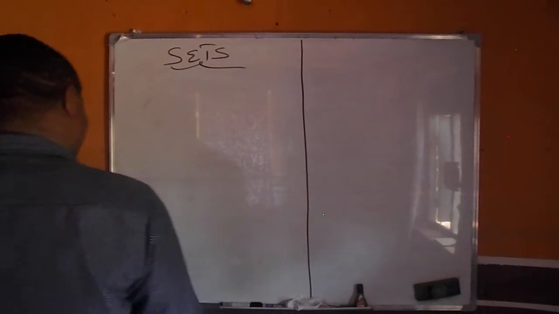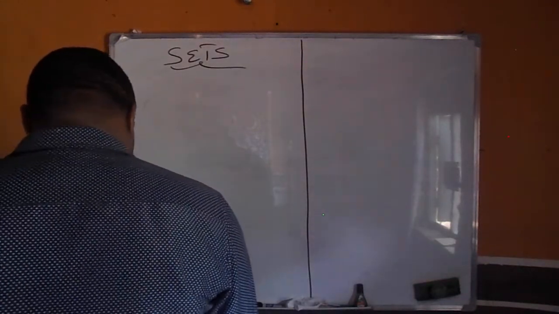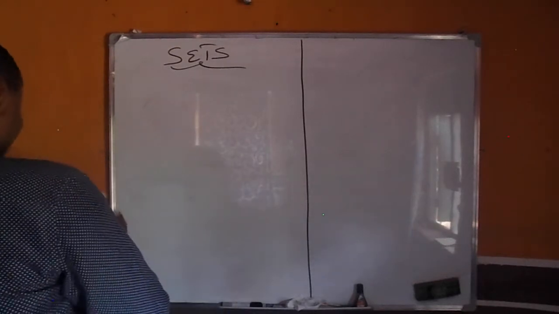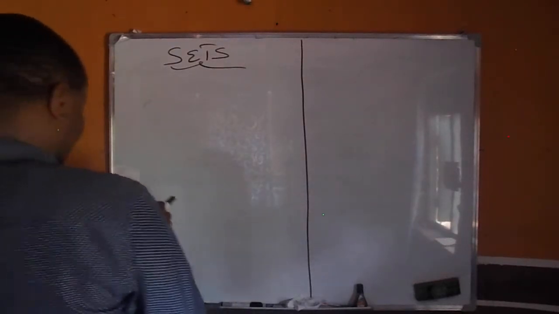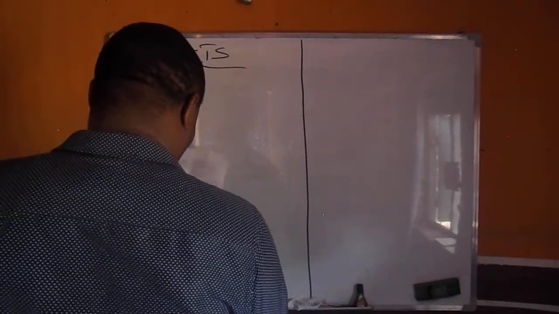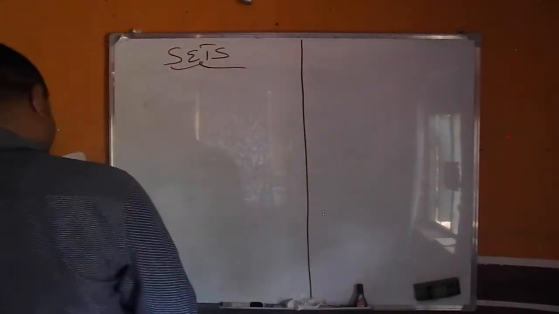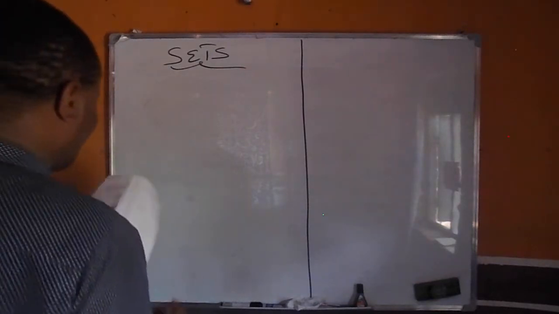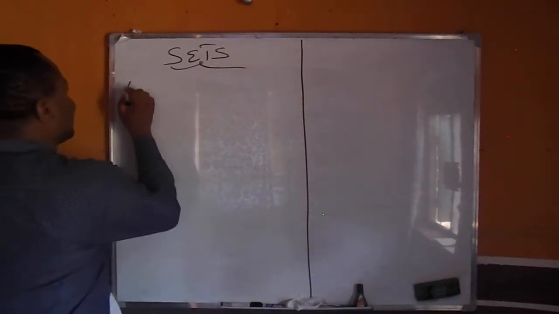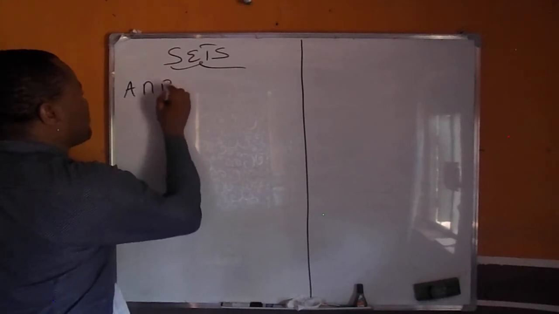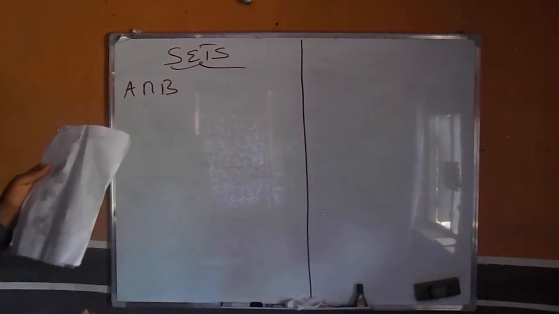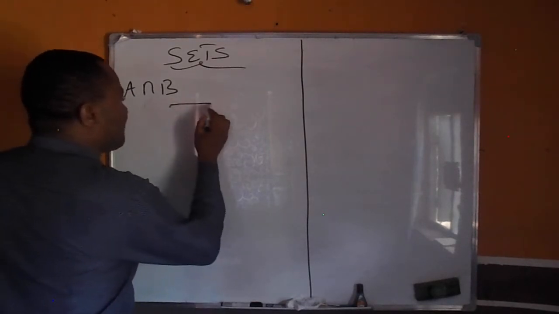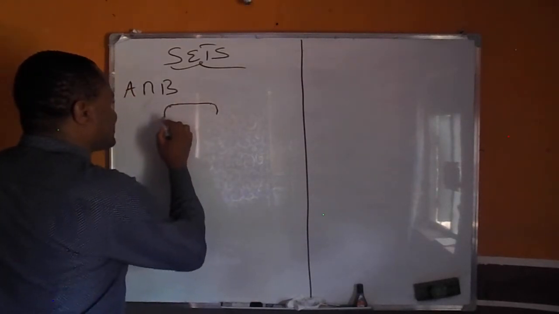In example 1, when we say A intersection B, how can we represent this with a Venn diagram? When you are representing this with a Venn diagram, it comes like this.